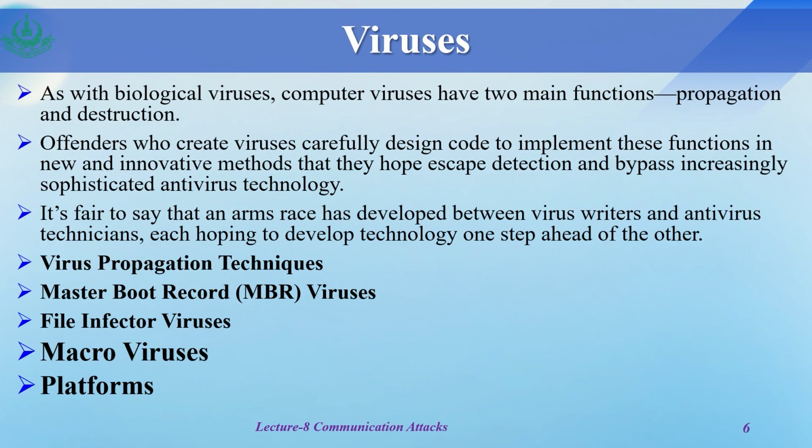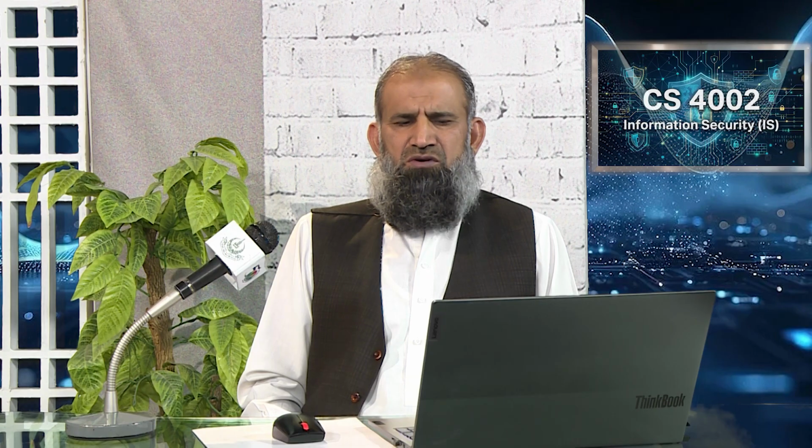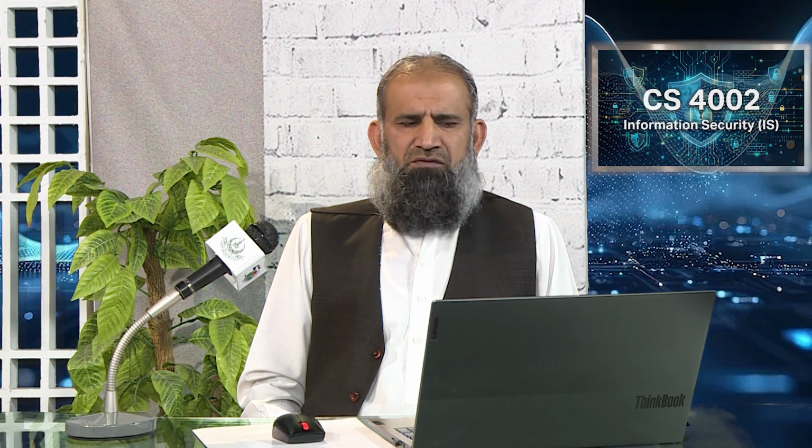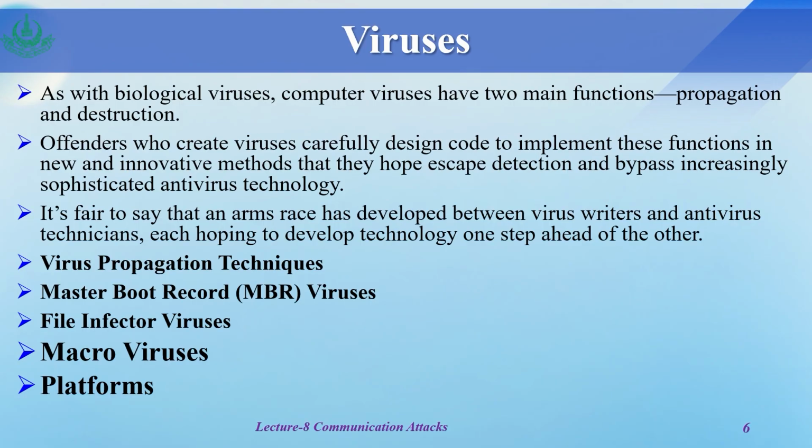Viruses. As with biological viruses, computer viruses have two main functions: propagation and destruction. Offenders who create viruses carefully design code to implement these functions in new and innovative methods that they hope escape detection and bypass increasingly sophisticated antivirus technologies.